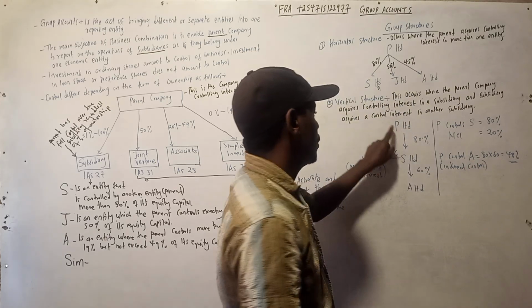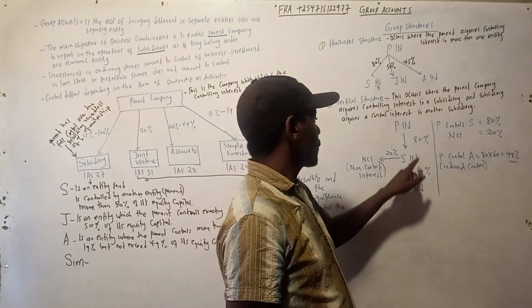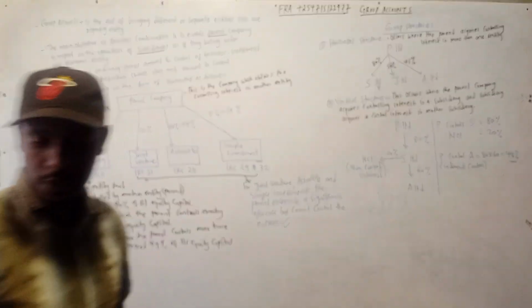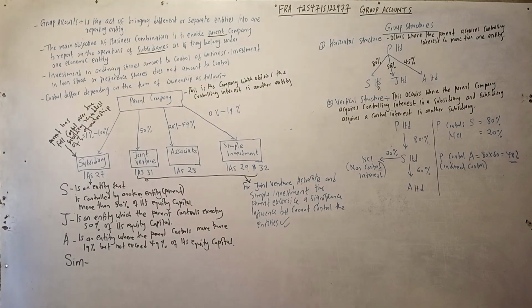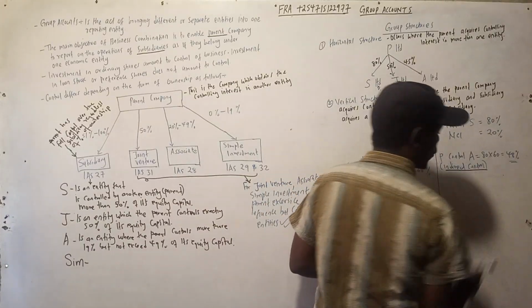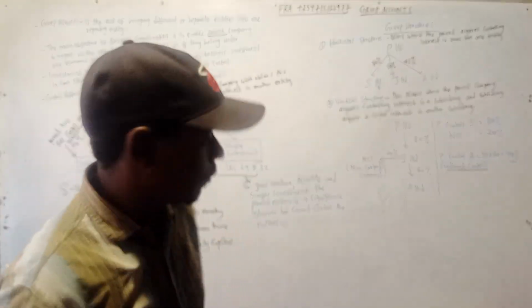So P controls A indirectly at which rate? 80 times 60, which is 48%. Now this aspect of indirect control will be of no importance at this level, but you can find it in advanced level.